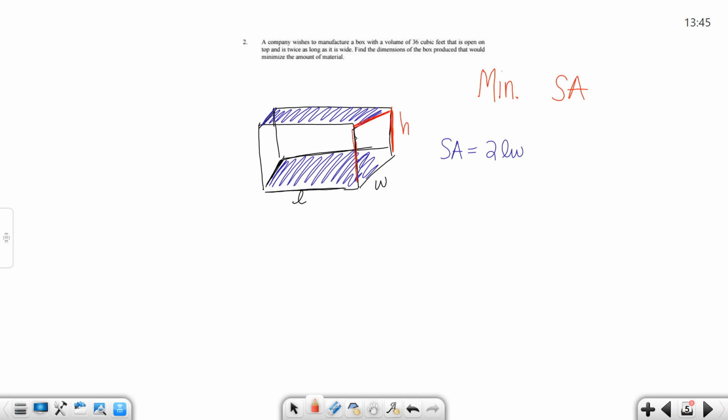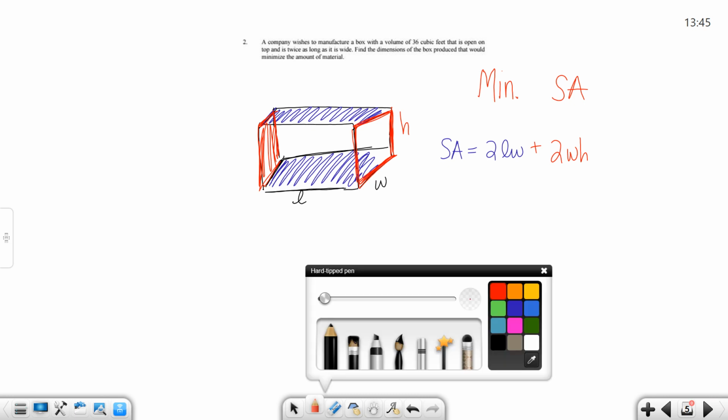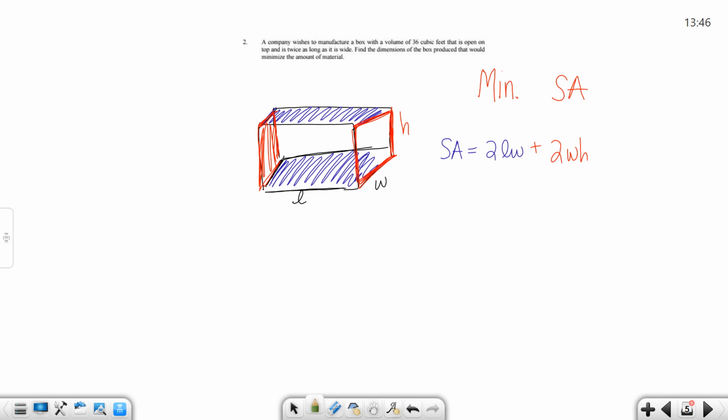Now I want to take this side of the box for just a second. What you'll notice about this red side of the box is its width and height. Okay, that width and height will also be this end of the box as well. So if you look at that one, you would have 2 width and heights. Okay, so then there's 2 sides of the box that aren't mentioned.